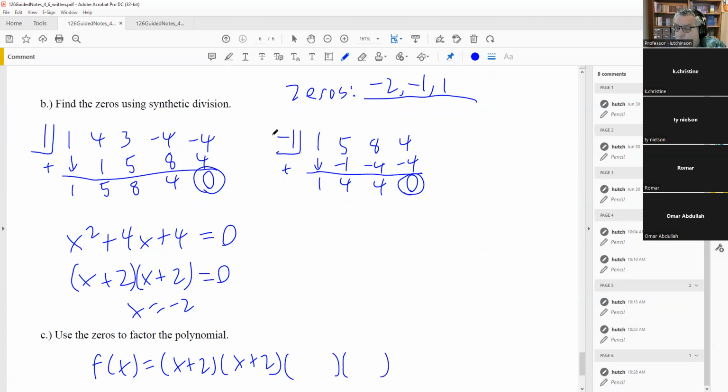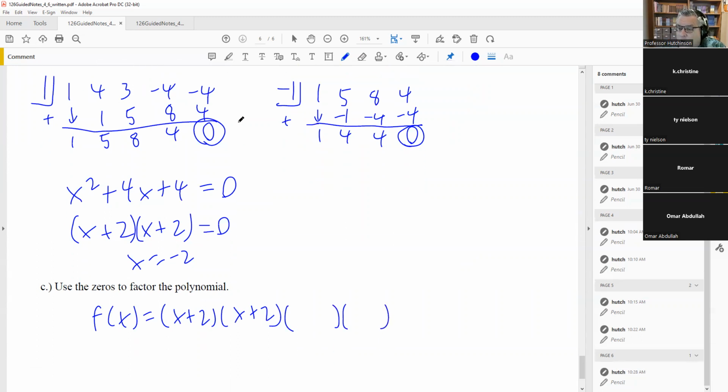The other two answers we got by using synthetic were 1 and -1, which means that we're just going to put x minus each of these. So x minus 1, and if you do x minus a -1, that's going to turn into a +1. Okay, so we get this right here. You could leave the answer as that, or if you'd like to write it as a square, you could also do so, but it doesn't matter.